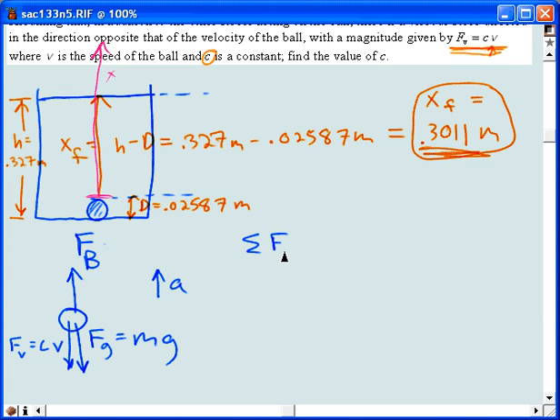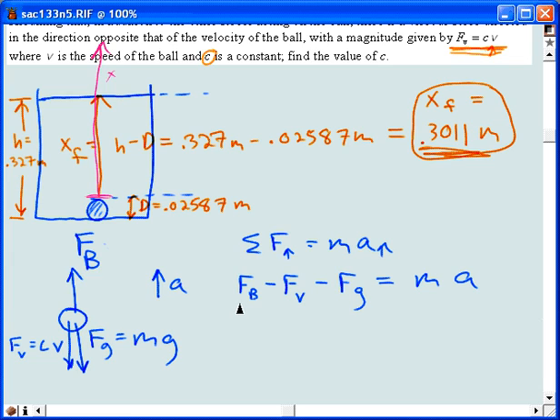Sum of the forces in the upward direction is equal to the mass of the ball times the acceleration in the upward direction, which will just be the buoyant force minus that viscous force minus the gravitational force, and that's equal to the mass times the acceleration.